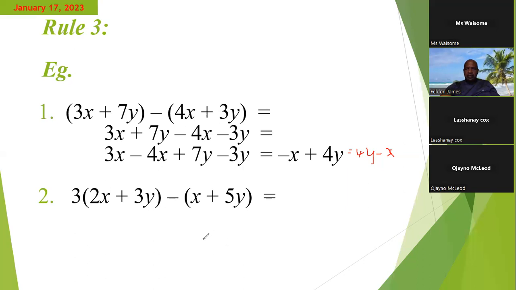All right, Ms. Wilson, you can go ahead. Tell us what you get. All right, sir. For removing the first bracket, we have 3 times 2x, which is 6x.